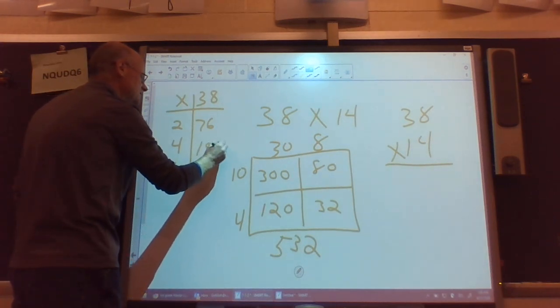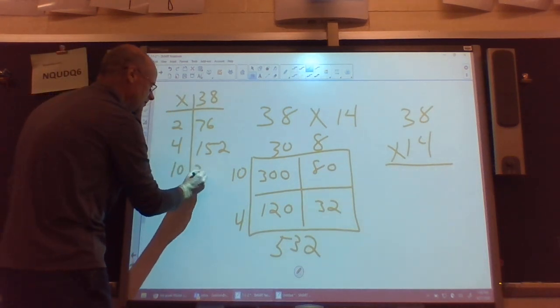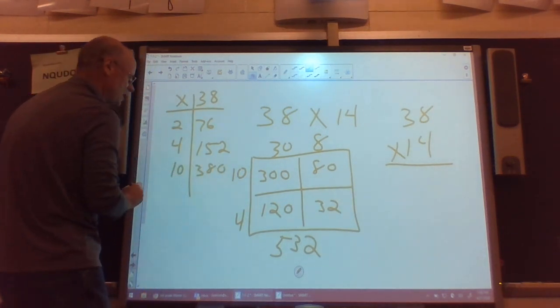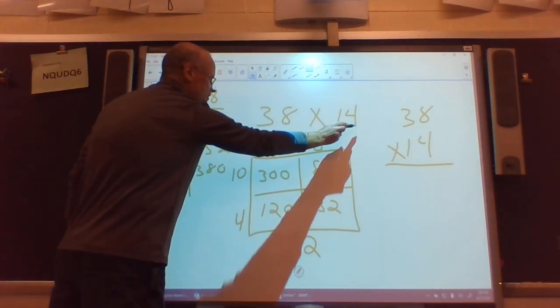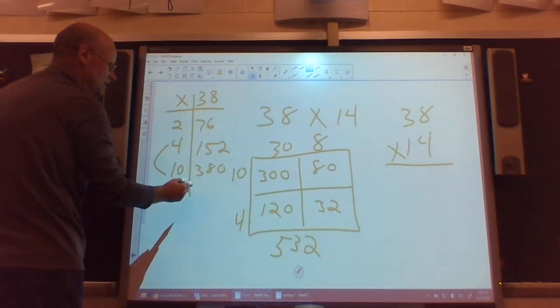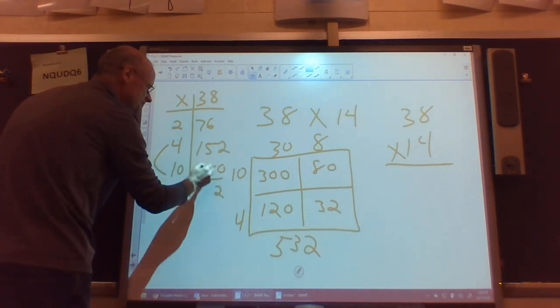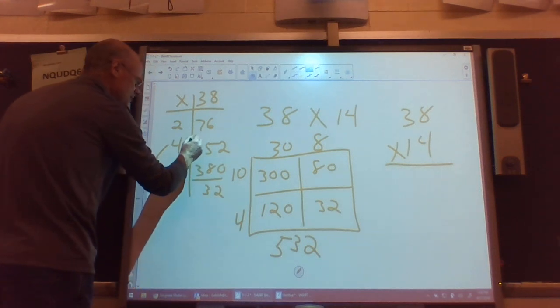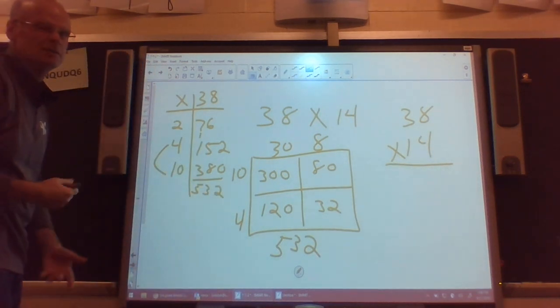So that's 152. Now 10 times 38, I'm just going to do 1 times 38 and tack that 0 on. That's 380. These two give me 14, and that's what I'm multiplying by. So I have to add those two together. So 152, I get a 2, 3, 532. Same answer. Good job.